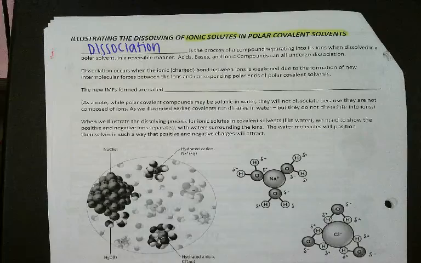So when I said earlier, I said dissociation and dissolving are different. Does sugar dissolve in water? Yeah, sugar dissolves in water. When sugar dissolves in water, does it dissociate into ions? Why not? Why does sugar not dissociate into ions?